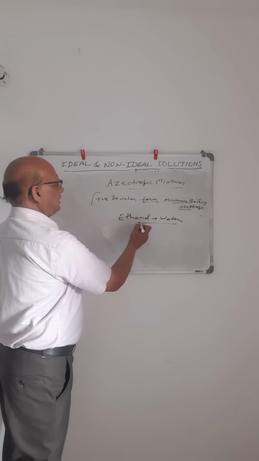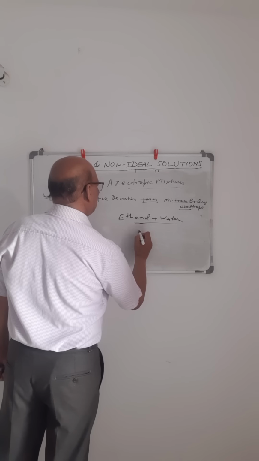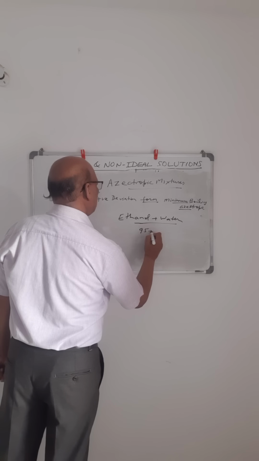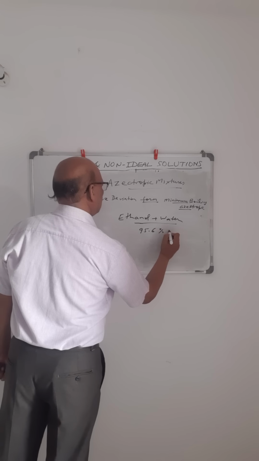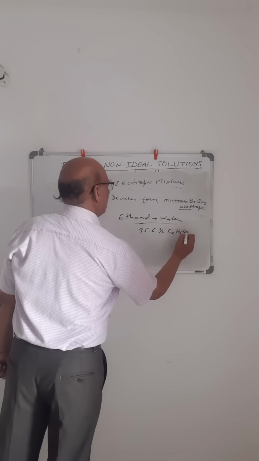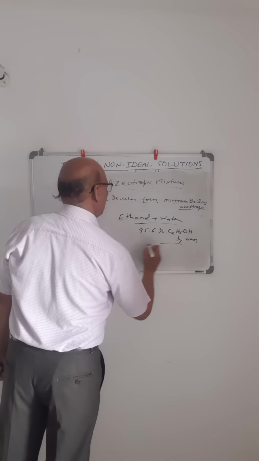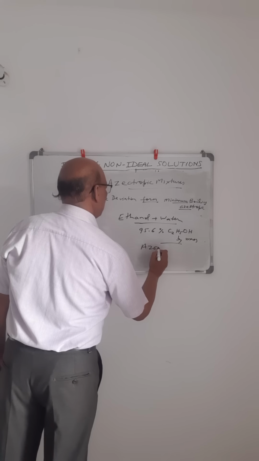We want to purify the ethanol to maximum concentration, but as soon as the ethanol composition reaches 95.6% by mass, it will form an azeotrope.